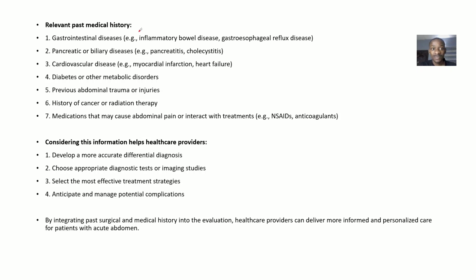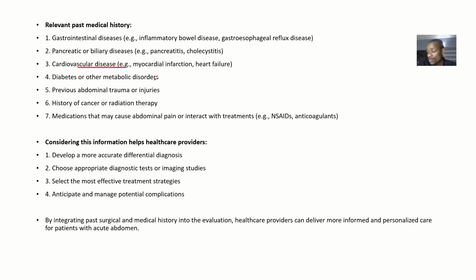For the relevant past medical history, you ask them if they have had any gastrointestinal diseases before, like inflammatory bowel disease or gastroesophageal reflux disease. You still ask them about pancreatic or biliary diseases like pancreatitis or cholecystitis. You ask them about cardiovascular diseases like myocardial infarction or heart failure.